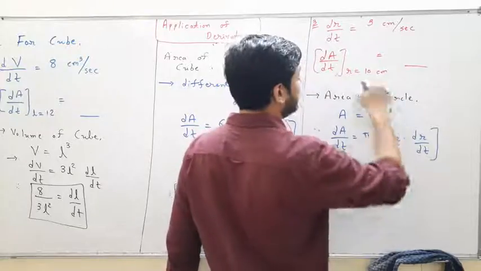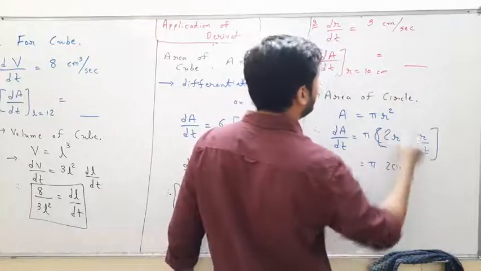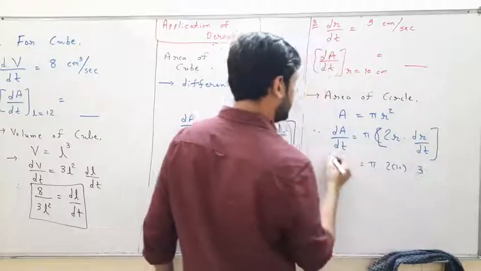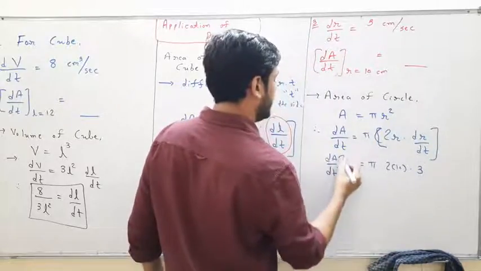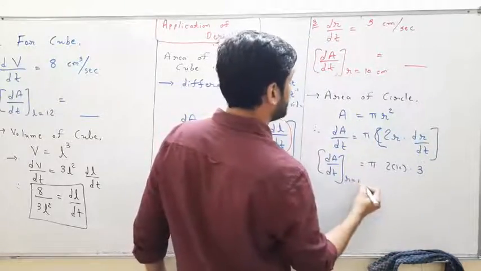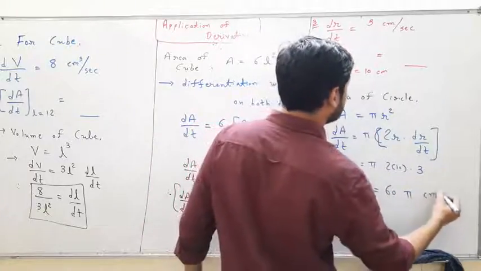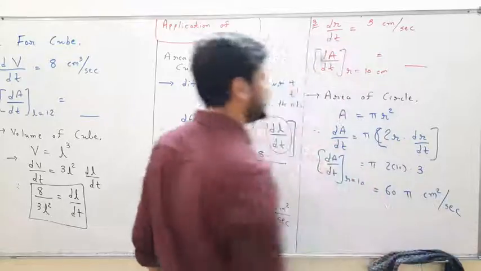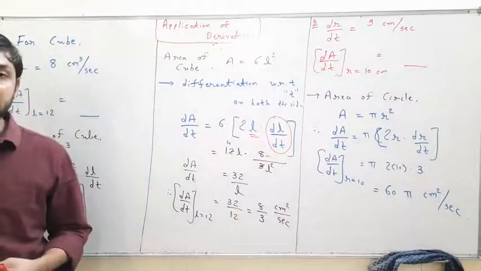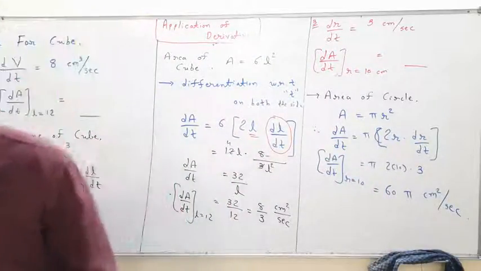Your value of r is 10, and your value of dr by dt is 3. So dA by dt when r is equals to 10 is 2 into 10 into 3, which is 60 pi, and the unit is centimeter square per second. So this is a comparatively easy question.